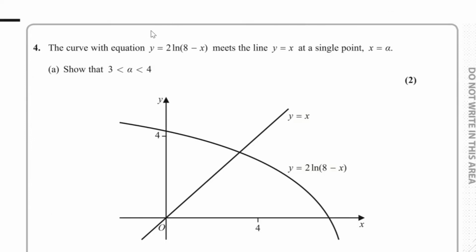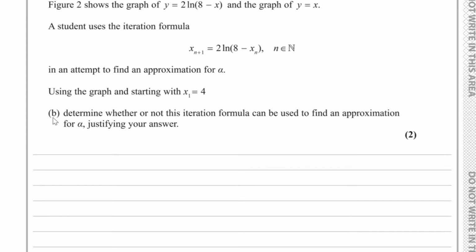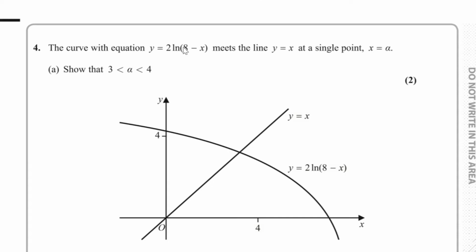Question number 4. The curve with equation y equals 2 times the natural log of 8 subtract x meets the line y equals x at a single point x equals alpha, and for part A we have to show that alpha is in between 3 and 4. Well, for part A of the question, we can see that if this curve meets this line, we can set them equal to each other.